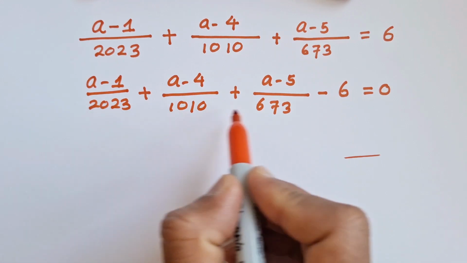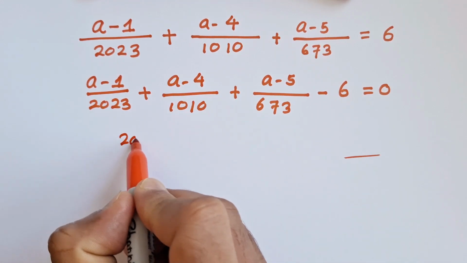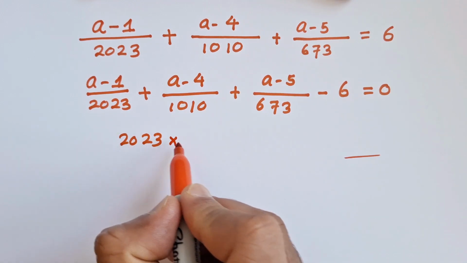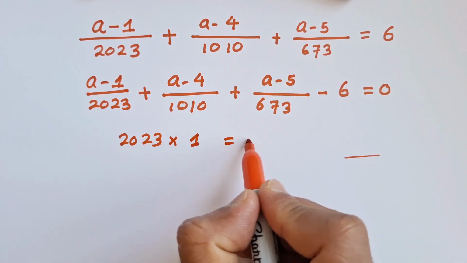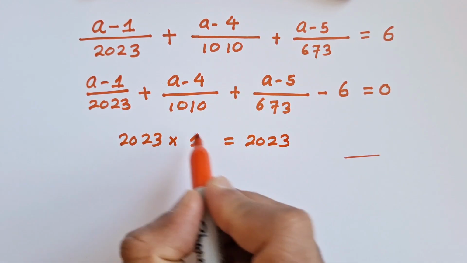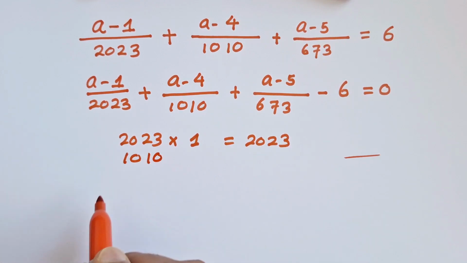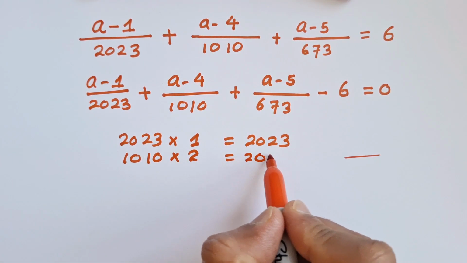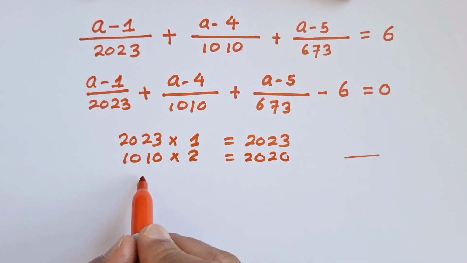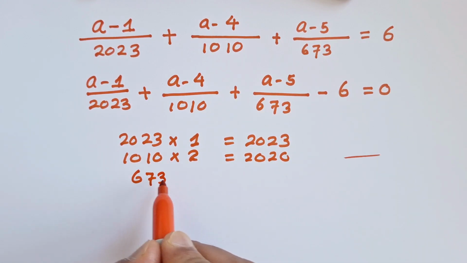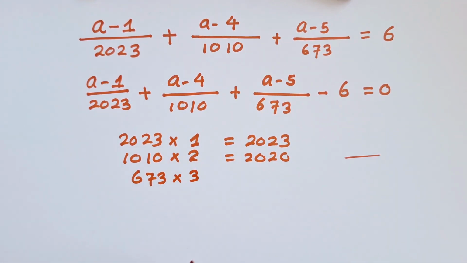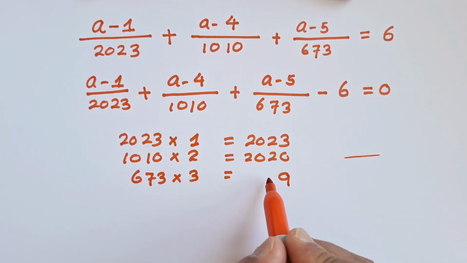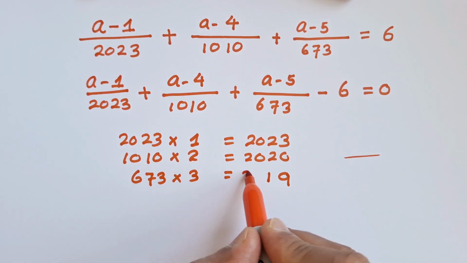Now, if you think about the numbers in the denominators, if you multiply 2023 by 1, you get the same answer, 2023. If you multiply 1010 by 2, you get 2020. If you multiply 673 by 3, we have 2019.